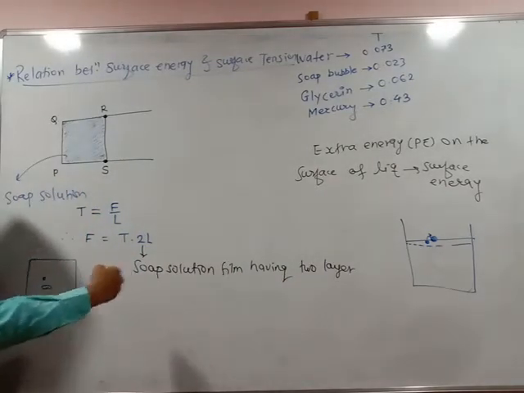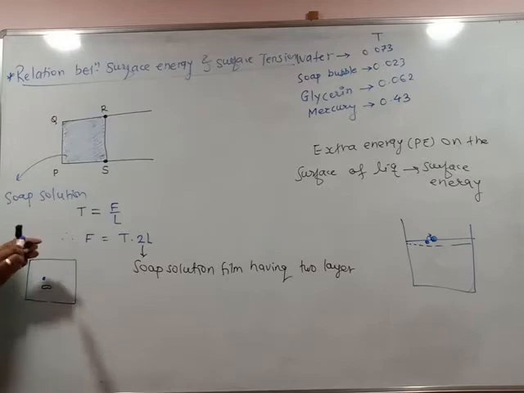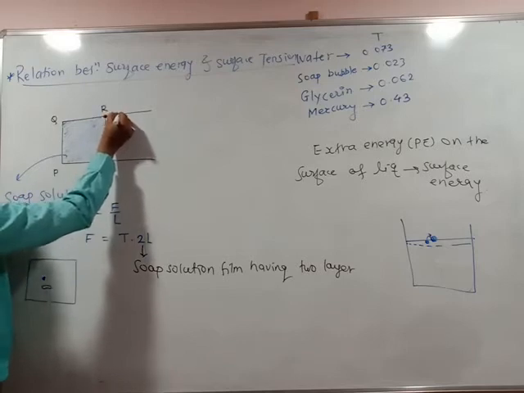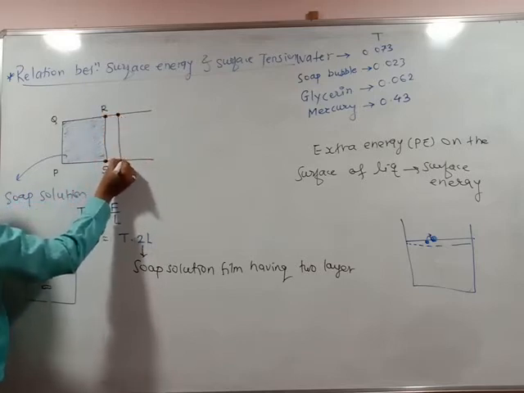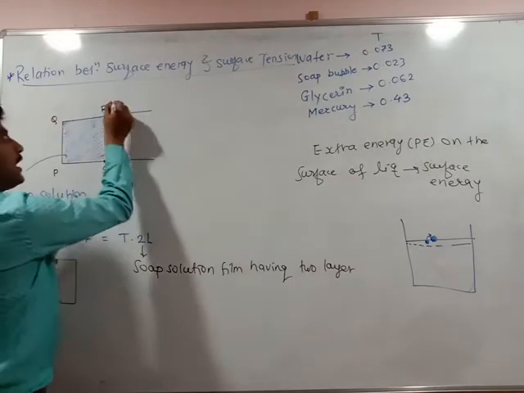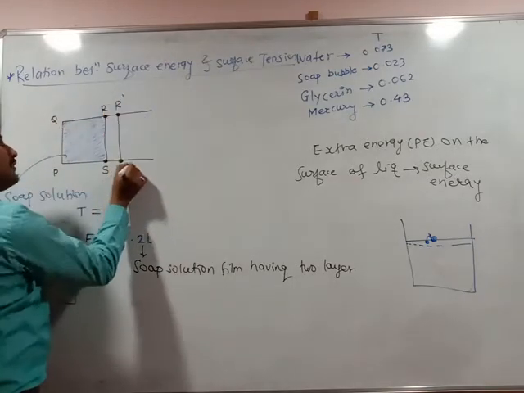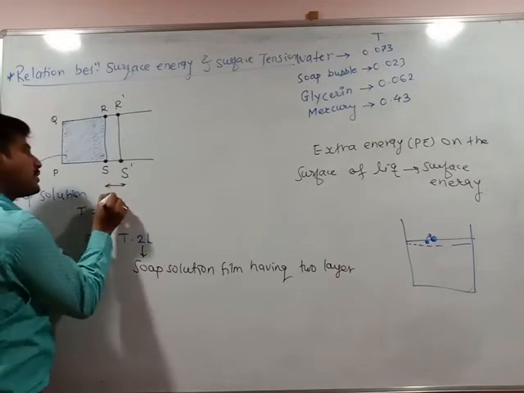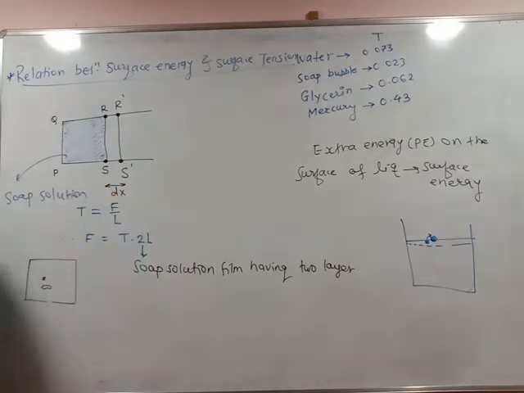A molecule is displaced. So the next position of the arm RS will be like this. The arm is said to be stretched. I can call it R dash, and this S dash, displaced by some distance dx.